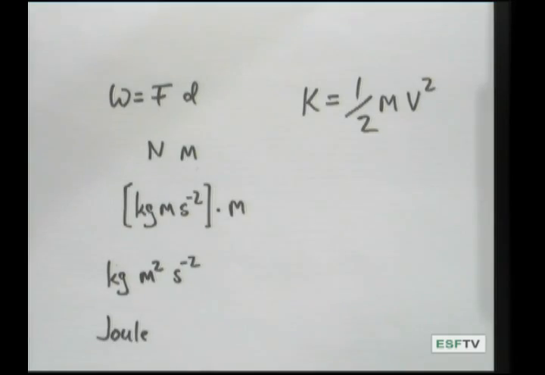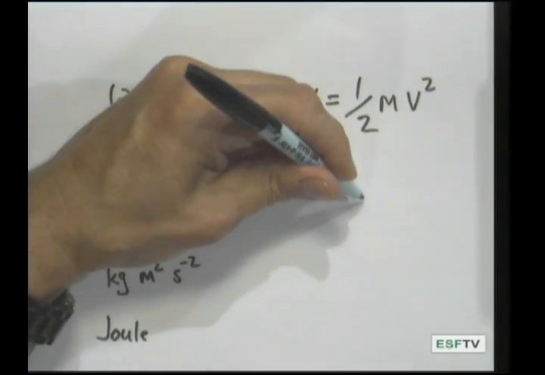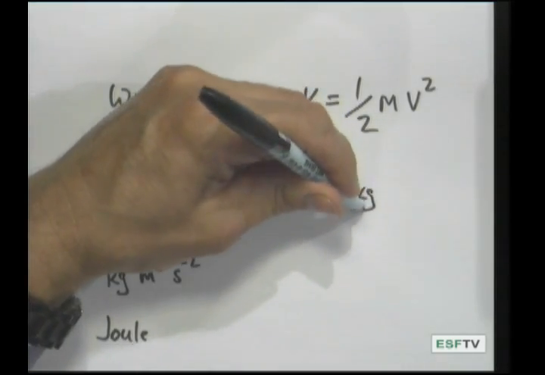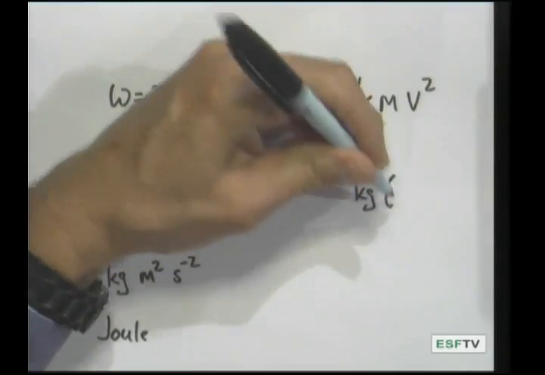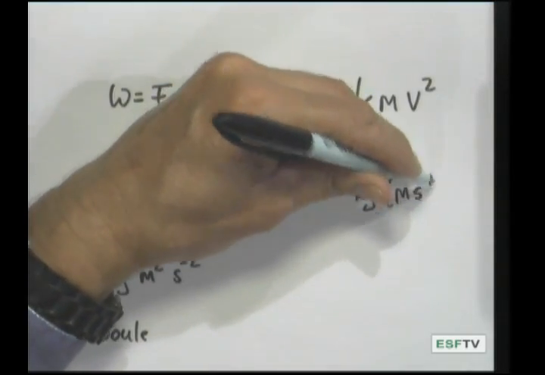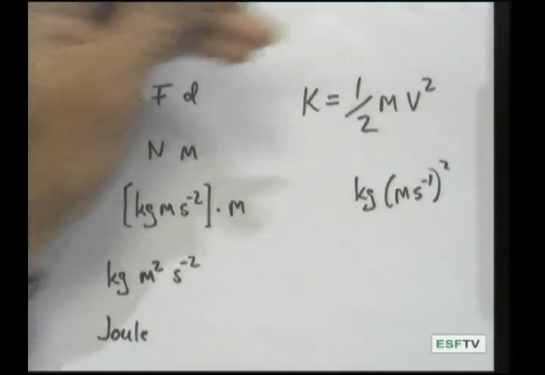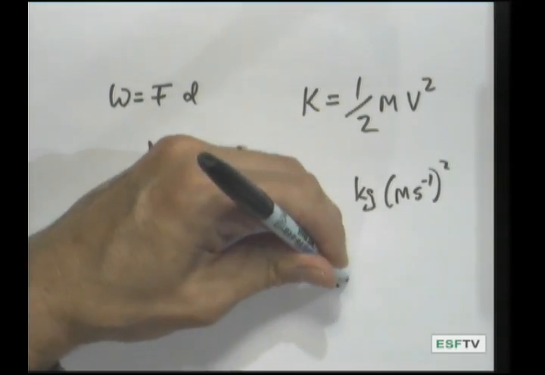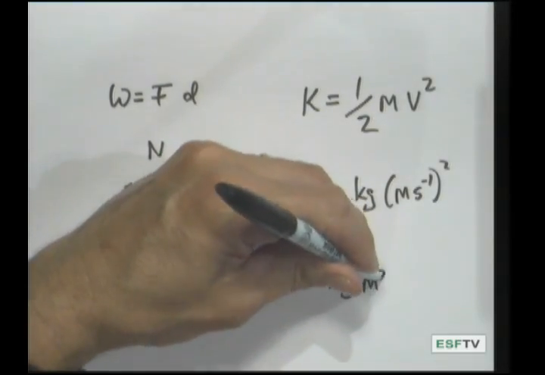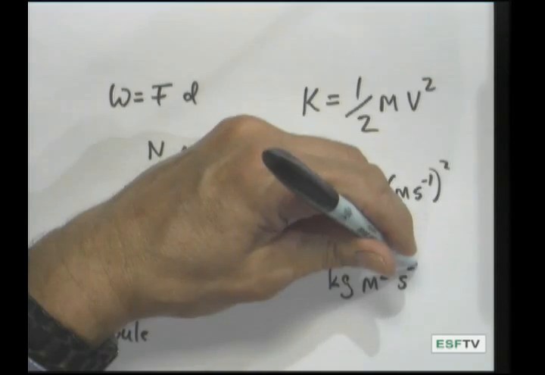And it's a fairly simple thing to break down the units here. Of course, the units of mass are kilograms, and velocity is meters per second. We square that, and we end up with units of kilograms meters squared per second squared.